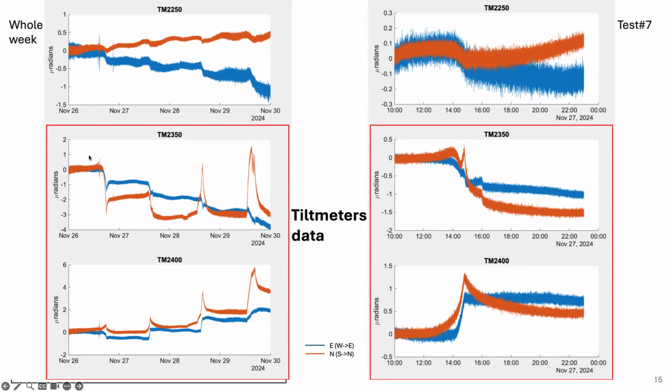And as you can see, also the tilts respond with a transient component to the stimulation, and then they remain tilted. So there is a permanent deformation that we can relate to some fault deformation somewhere.